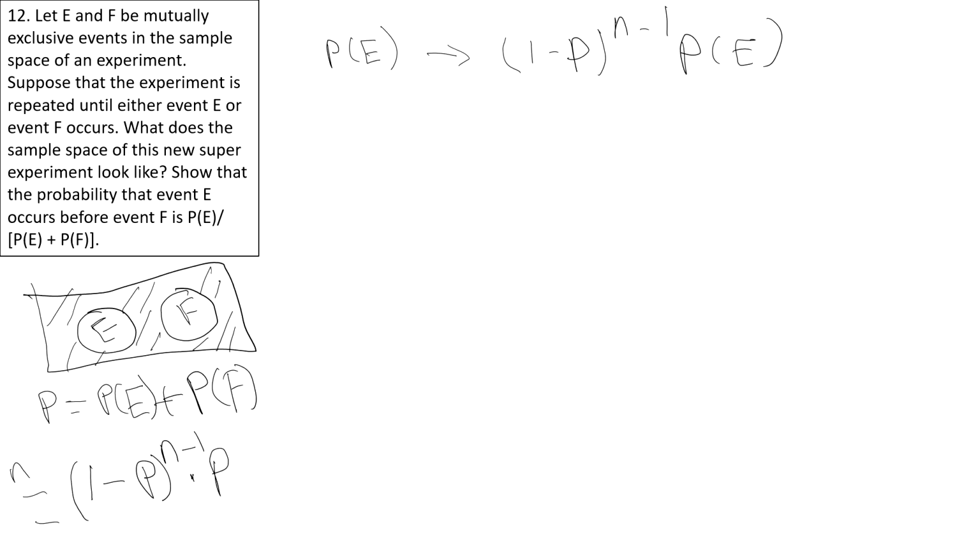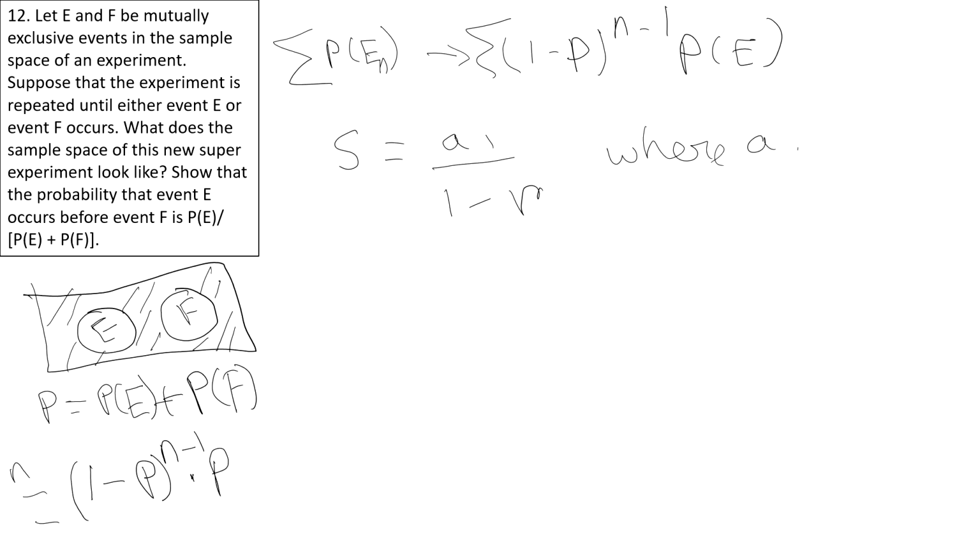Actually I should have written it as PE at step n, because that is the chance that after n steps E appears before F. The summation will give the entire probability, and the formula for the sum of a GP is a1 by 1 minus r.